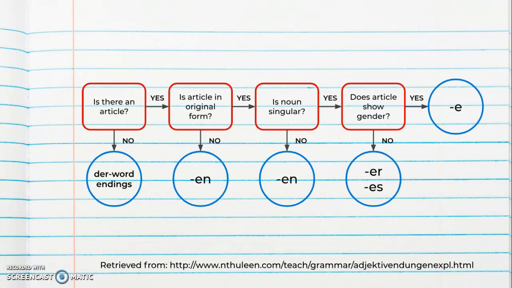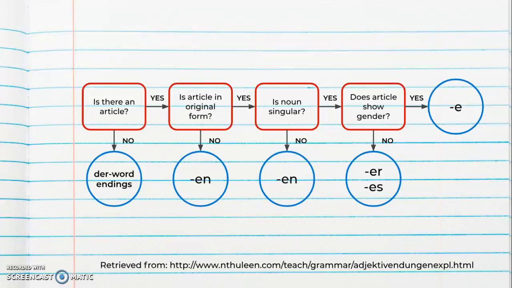So now that we've gone through and taken a look at all of the questions, I want to review the diagram one more time. So when we ask the question, is there an article, you can either go one of two ways. If you say no, then you have to apply the der word endings. If you say yes, then you're asking another question. So is there an article? Yes. Then is that article in the original form? And again, if the answer is no, we go to en ending.